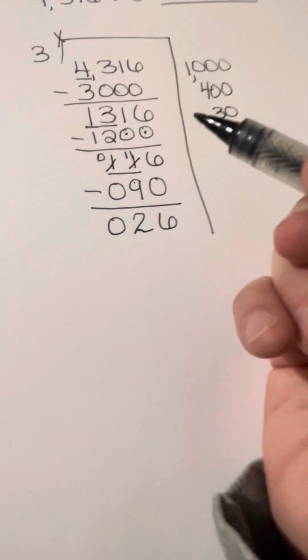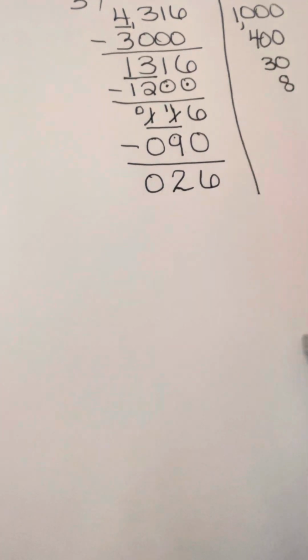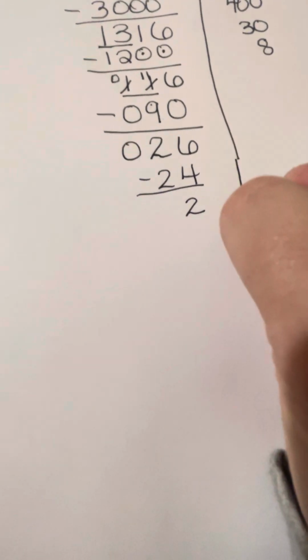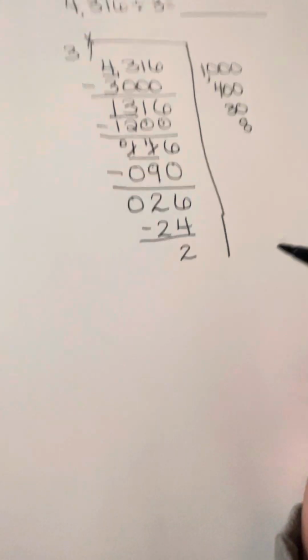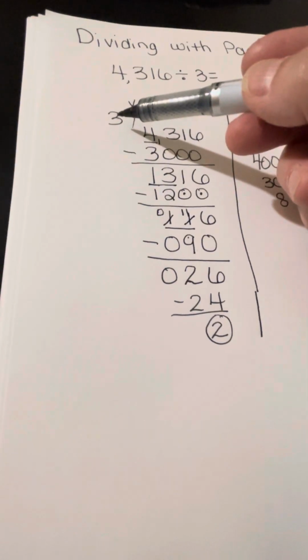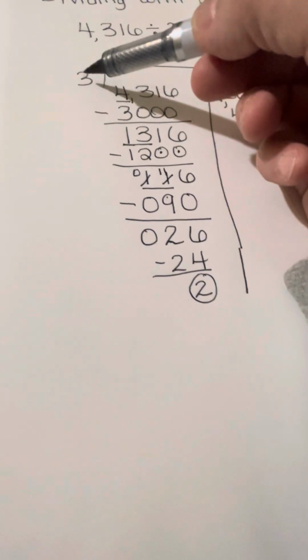Okay. 3 times 8 would give us 24. Subtract, we have 2. So this gives us a remainder of 2, and we ask ourselves, is 2 a reasonable remainder when we have a divisor of 3? And yes, it is, because 2 is less than 3.